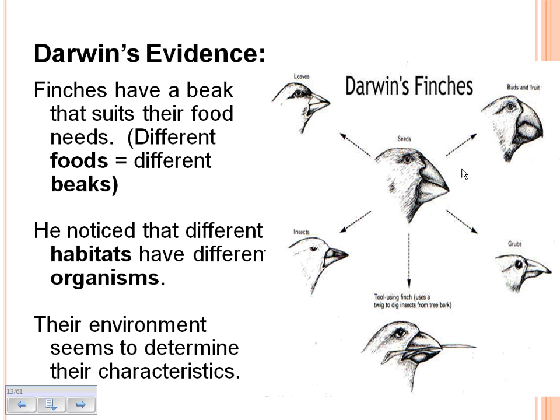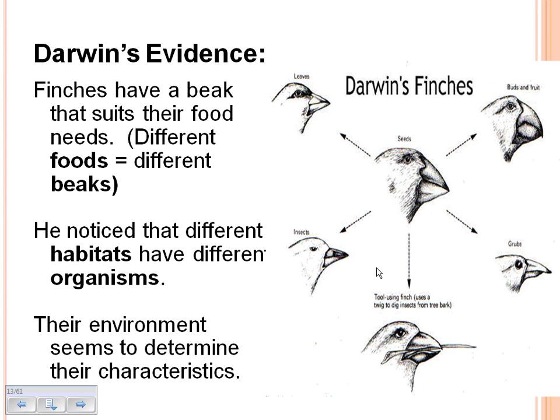You had a beak that was specified to eat insects, a beak that was specified to eat seeds, a beak that was specified to eat birds and fruit, or grubs, or to dig for the insects, or to eat leaves. And so he theorized that the different habitats have different organisms based on what they eat. And so the environment, he concluded, determined the characteristics.